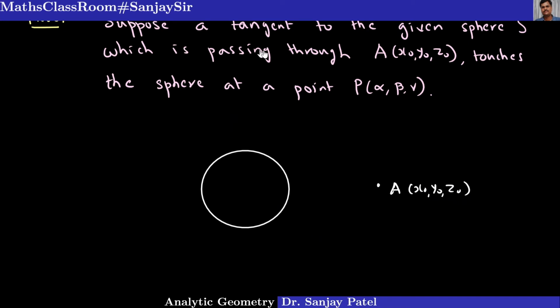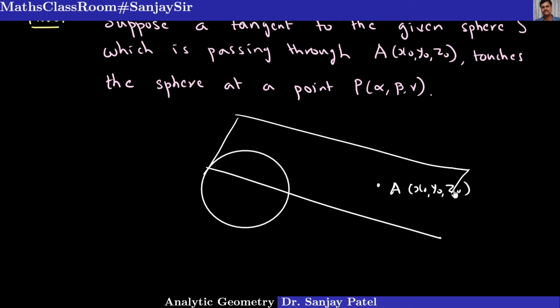What we have written here is, suppose a tangent plane to the given sphere S, which is passing through this. So we consider a tangent plane to the sphere which is passing through the point A (x0, y0, z0). Okay.